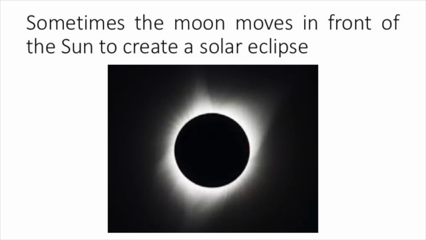Sometimes the moon moves in front of the sun to create a solar eclipse. The sun is behind the moon, but the moon is blocking its view. So all you can see is the rays of energy behind.